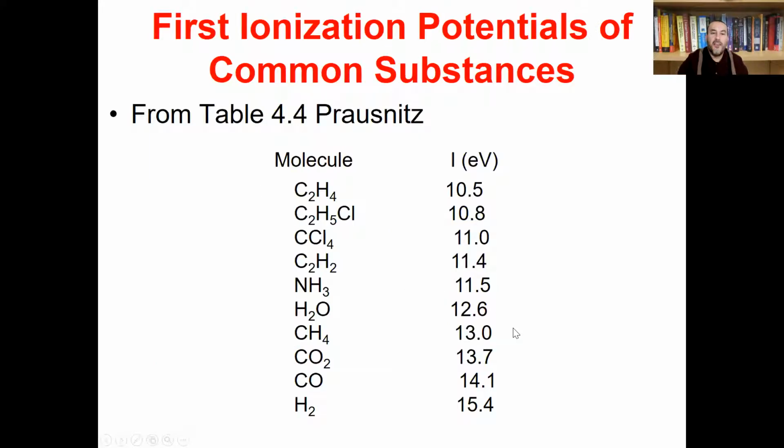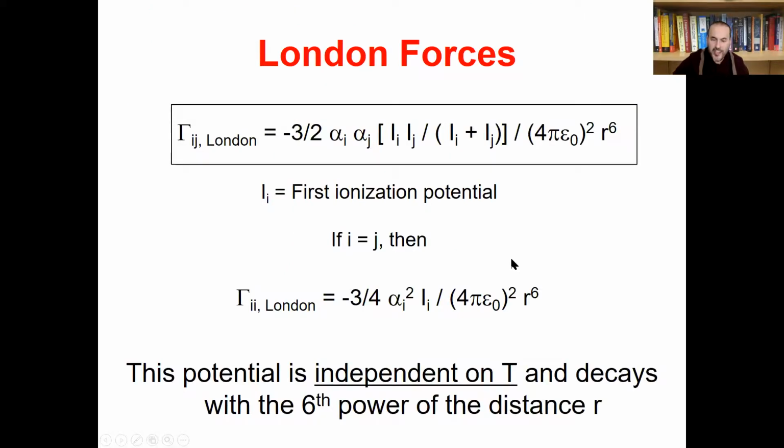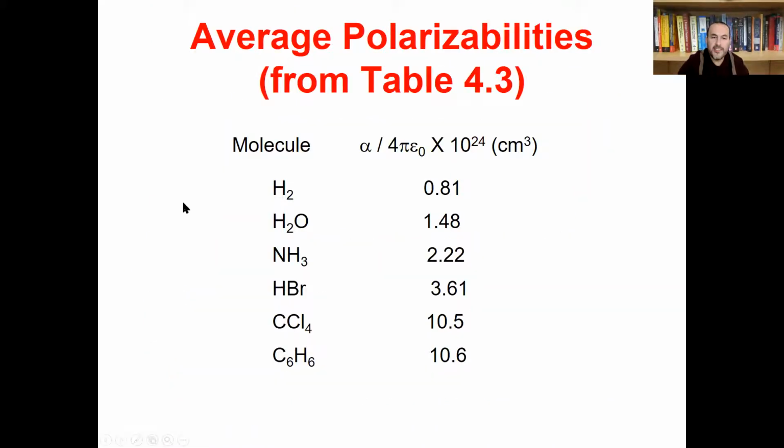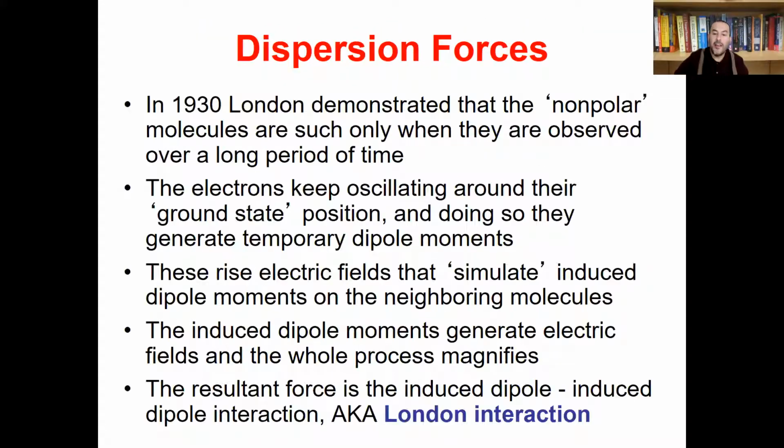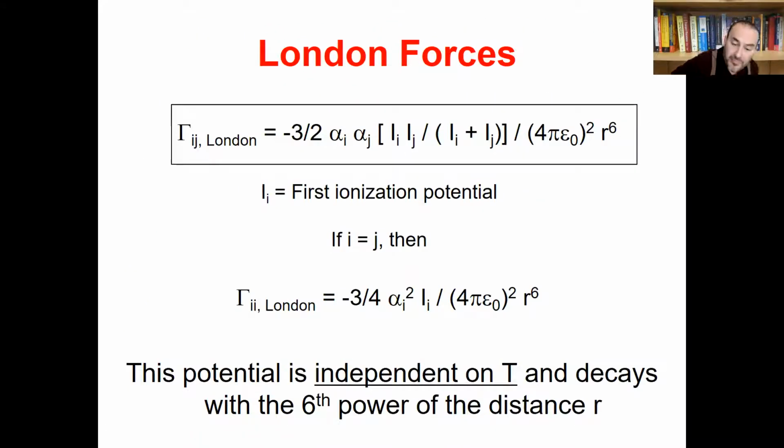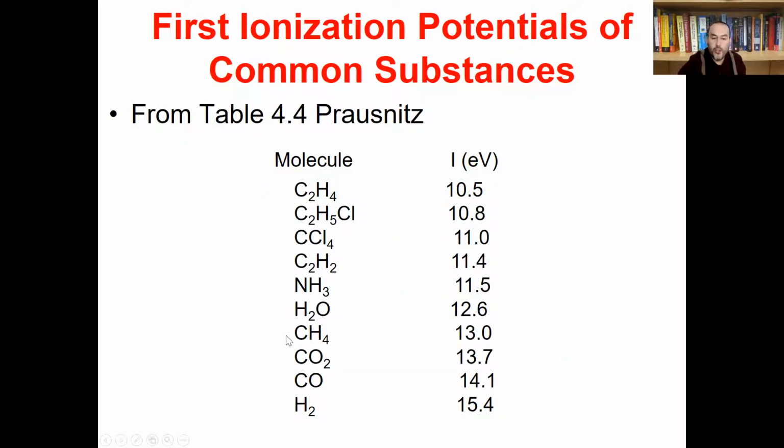Let's look at polarizability. I think I showed the table about polarizabilities. Yes, this table shows the polarizabilities, and we mentioned that large molecules are more polarizable. And then you have the ionization potential for different molecules.